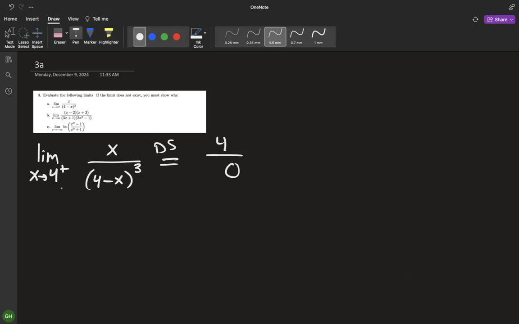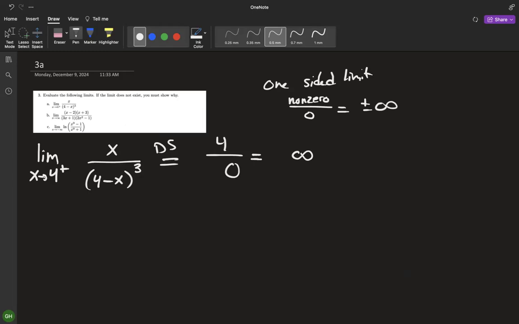And since this is a one-sided limit, a non-zero over 0 gives us plus or minus infinity. So I know my answer is going to be plus or minus infinity, and then I just have to be careful which one to go with.